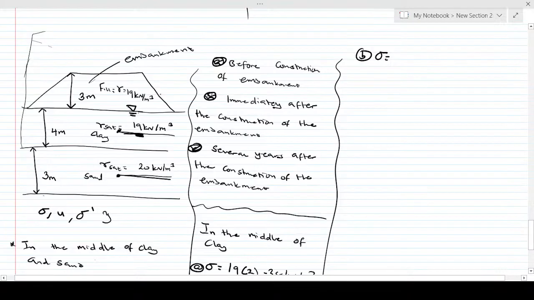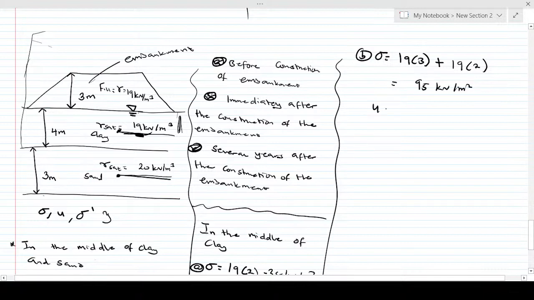So we get 19 by 3, the stress for the fill, plus the clay above the point of interest, 19 by 2. That gives us 95 kilonewton per meter square.